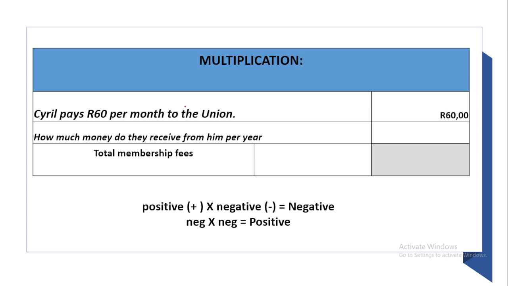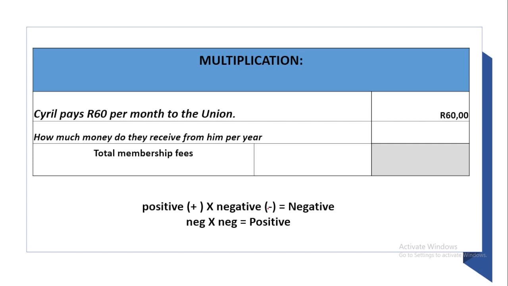While we're busy with that, I'm just going to explain another concept of multiplication involving both positive and negative numbers. If you are multiplying and one amount is positive and one amount is negative, the final answer will always be negative, because the negative is bigger in terms of multiplication than the positive.